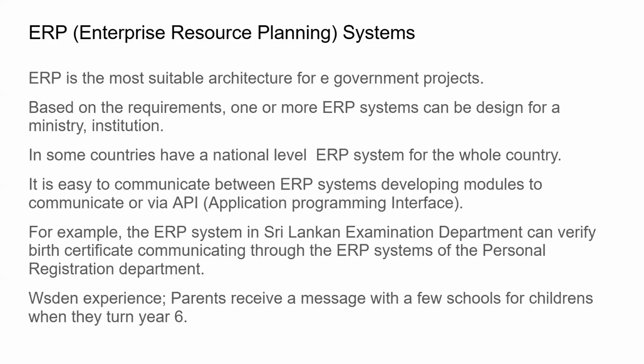Some countries have a national level ERP system. Here I use the term ERP to explain the idea to students, but when we go to country level, we cannot say it's ERP. It is a National Information System, right?